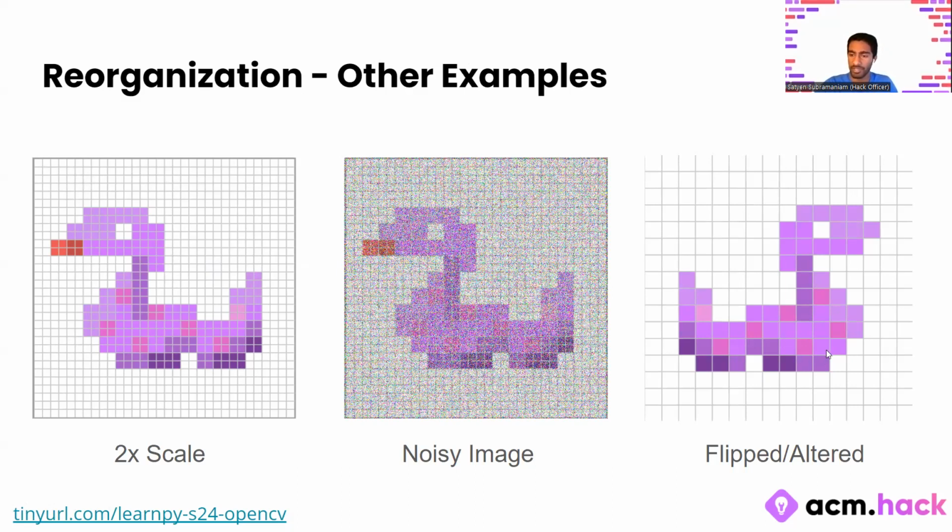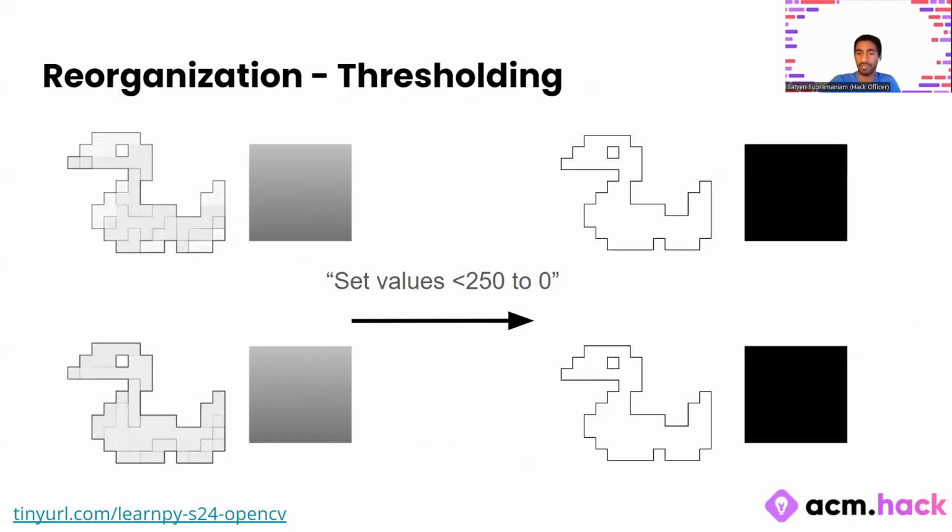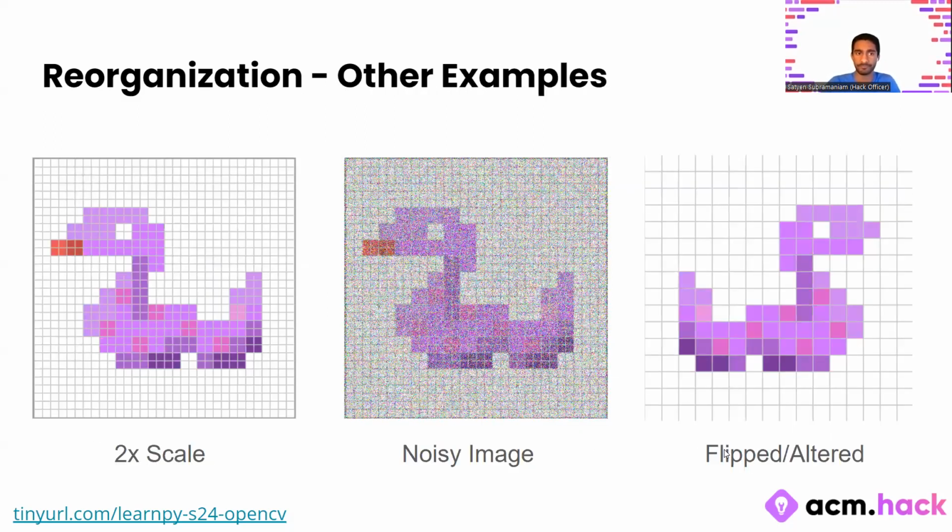And this one on the right has been flipped, but it's also been changed a little bit: the snake's mouth is not the same, and the tongue isn't out. In that case, you may need a slightly more involved recognition model or solution than just directly comparing the two and seeing if they're identical, like we were able to do in this case.